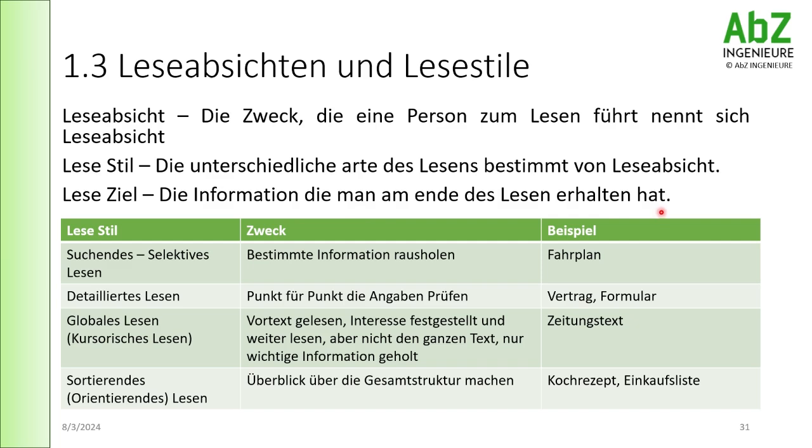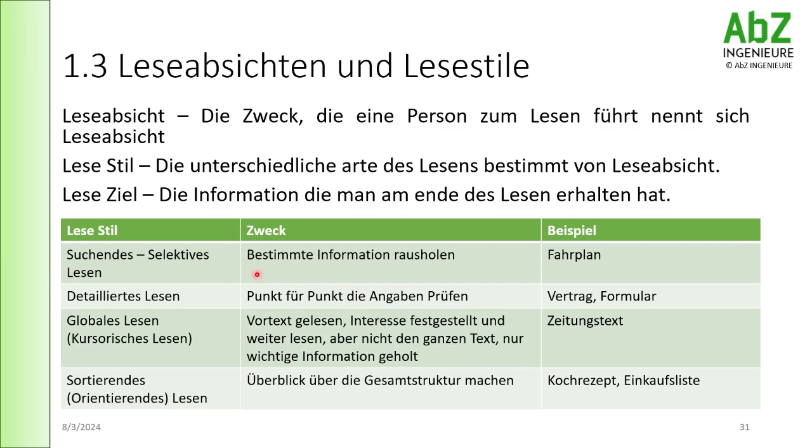So depending upon the Lesestil, you can have different Leseabsicht, or depending upon the Leseabsicht, you can have different Lesestil, and this Lesestil can be categorized into the following categories. First one is basically suchendes Lesen.